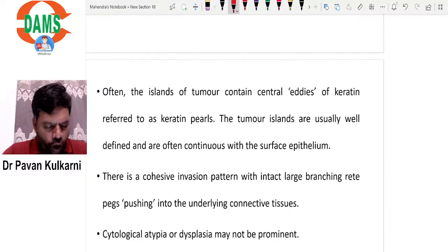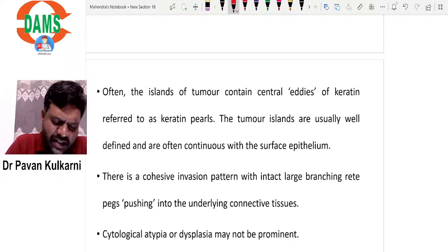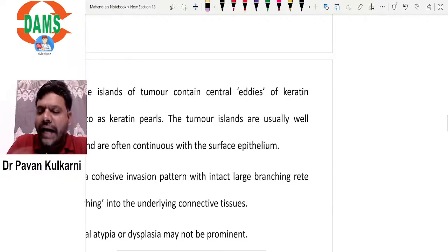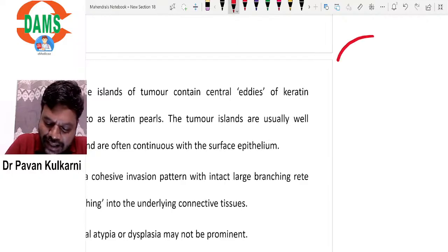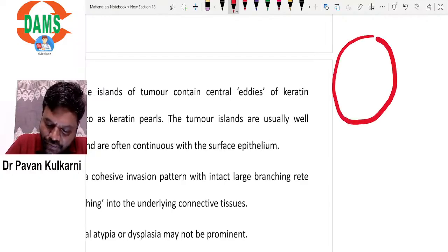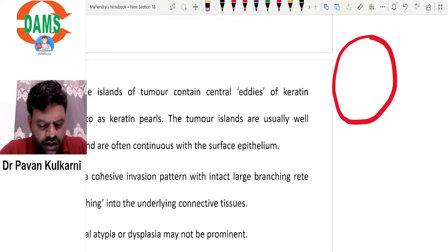Often the islands of tumor contain central eddies of keratin, referred to as keratin pearls. We will see this in detail using a diagram. Just schematically, suppose this is the tumor island.